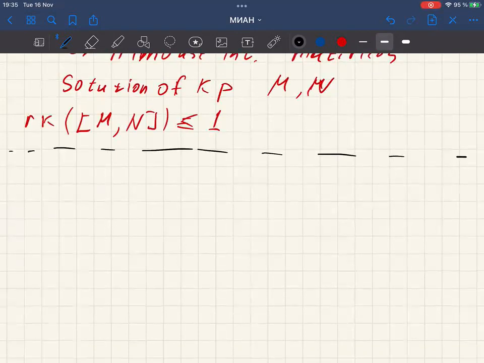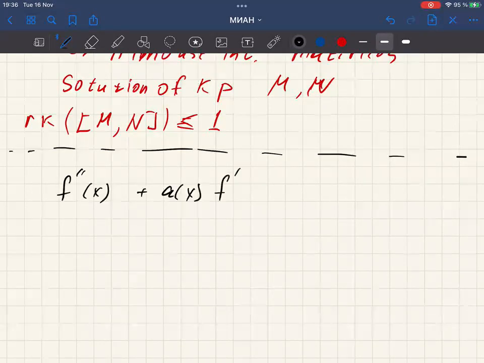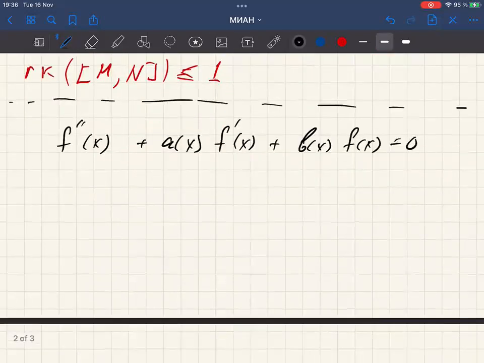For example, we have just an ordinary second order difference equation, just f of x plus a(x) f of x plus b(x) f of x equal to 0. Okay, it could be written as Lf equals 0.